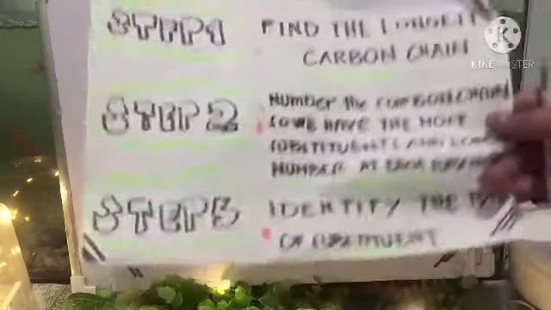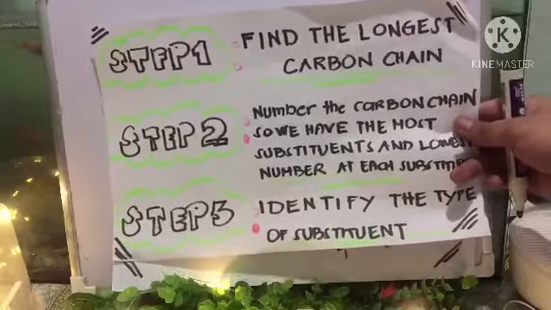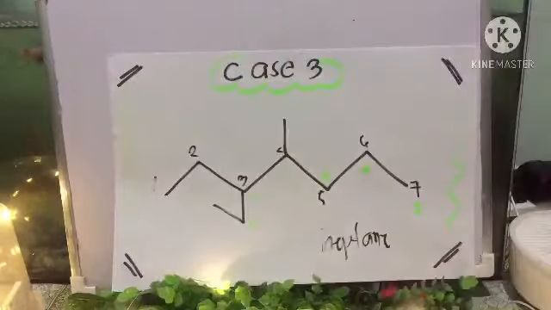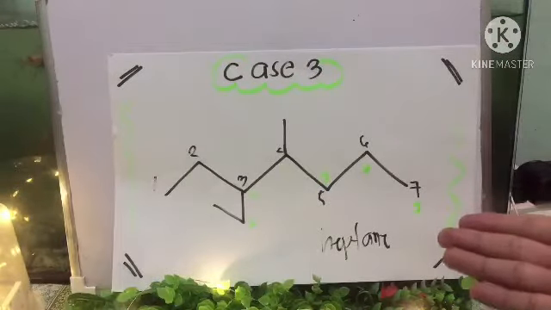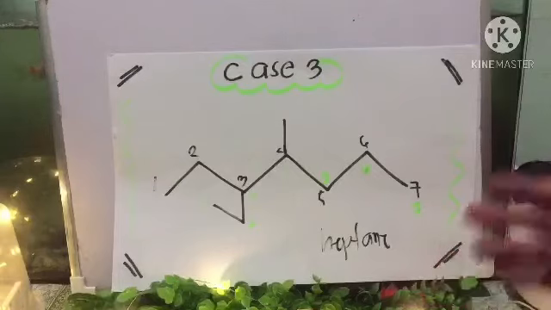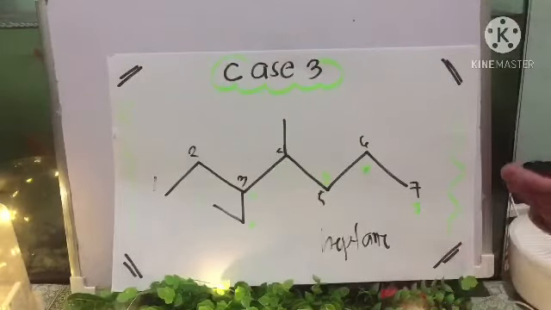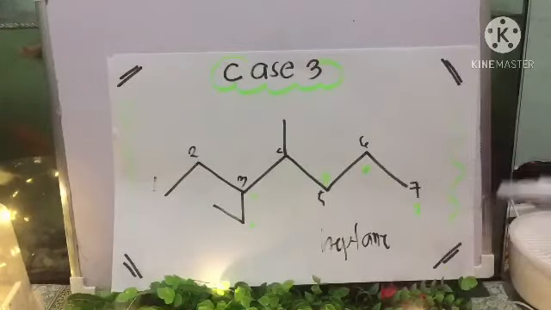Next, step 2, number the carbon chain so we have the most substituents and the lowest number at each substituent. Here are some possible ways to number. All the ways give the same number of substituents, but only ways 1 and 2 have the lowest numbers at the substituents. Ways 1 and 2 give the same answer, so I pick 1.